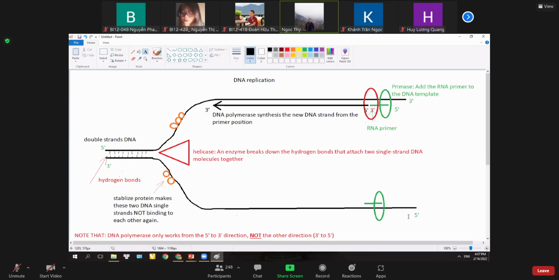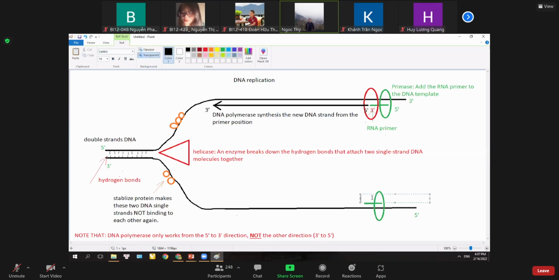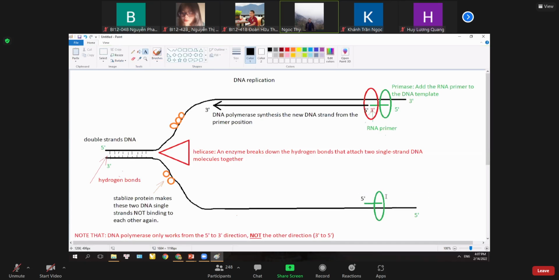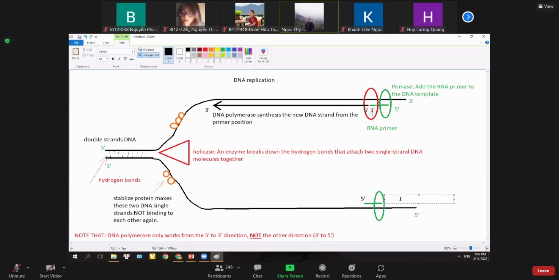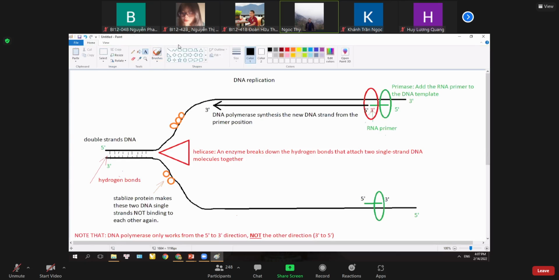So in here 5' and 3', the 5' was in here and 3' was in here. And because DNA polymerase only works in the direction of 5' to 3', it will start to synthesize like this.